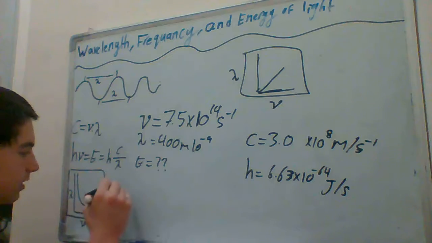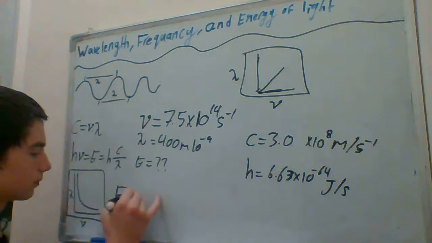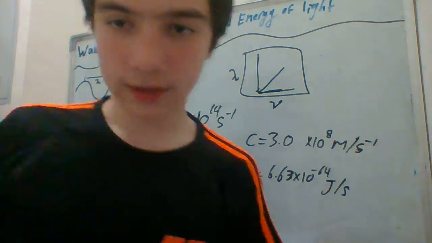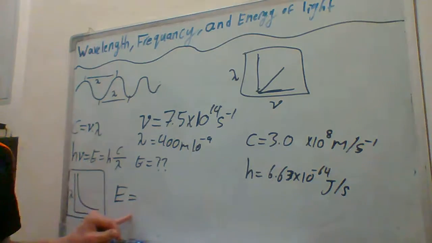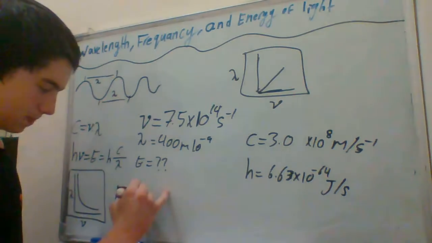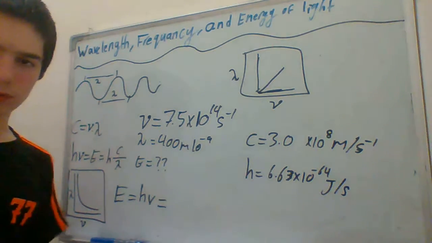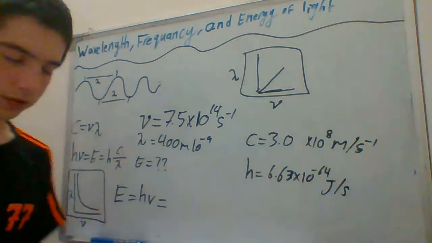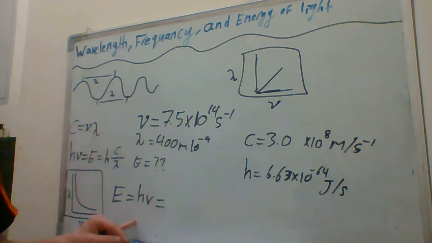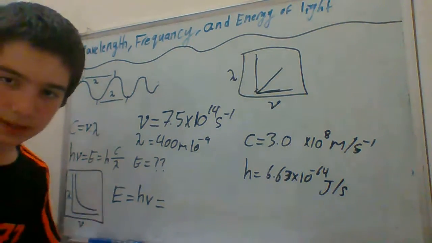We're going to write energy. Okay, so we're going to write the second formula. Energy will equal h times v. To solve that, of course you need to replace the units, so we're going to write what we know. h is going to be what?